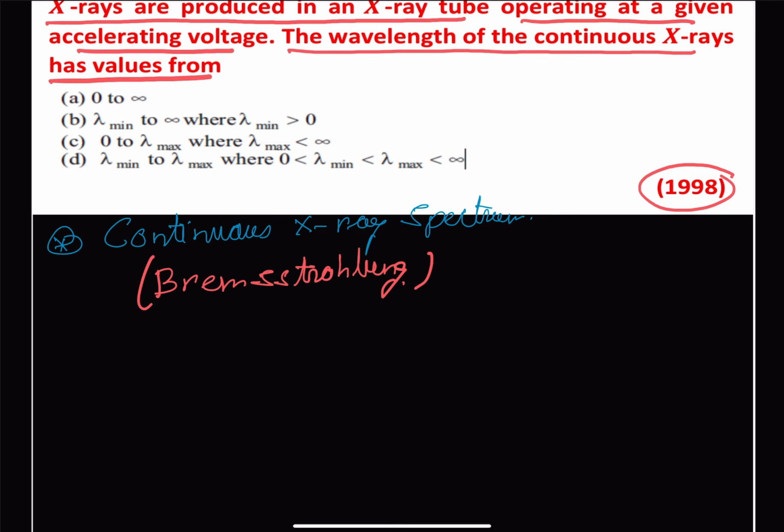and it states that whenever a high energy electron strikes a metal target, it decelerates rapidly, and this produces continuous X-ray radiation.